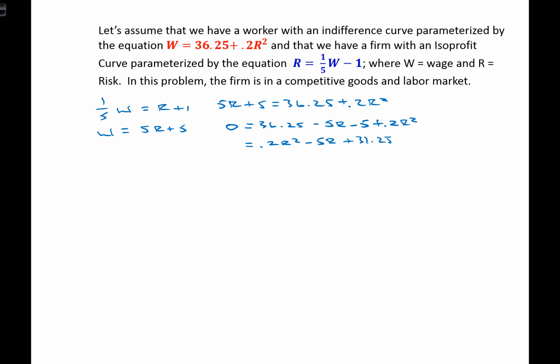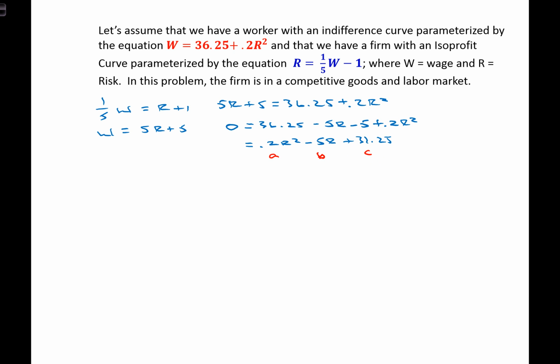31.25. Well, you might recall in the quadratic form that we're looking for some A and B and C. And A is the scalar in front of the squared variable. B is the scalar in front of the variable to the power of 1, and C is the constant. So that's good.